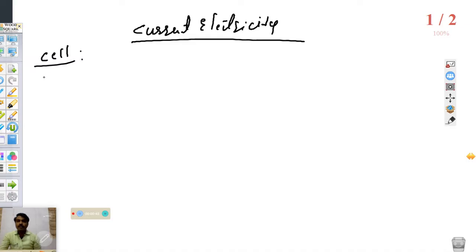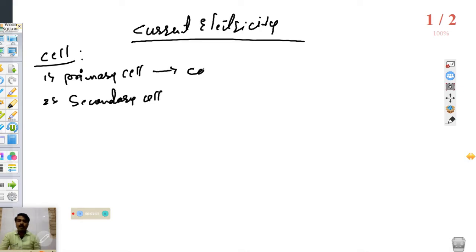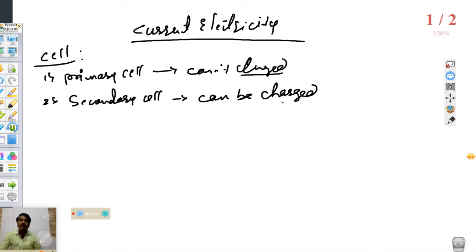Okay, so in the cell we have two types. One is the primary cell and the second one is the secondary cell. The difference between these two is that a primary cell cannot be charged again, whereas a secondary cell can be charged repeatedly.